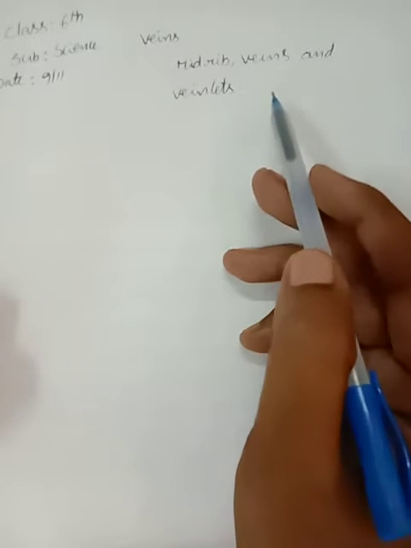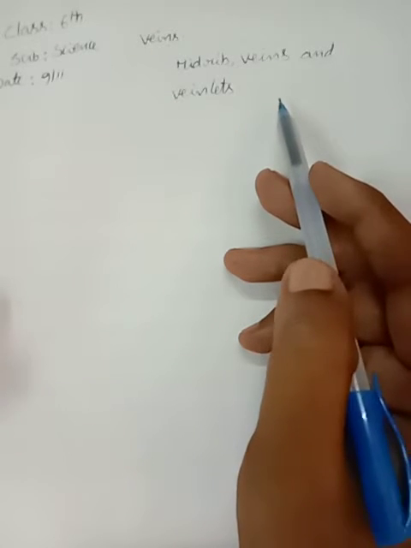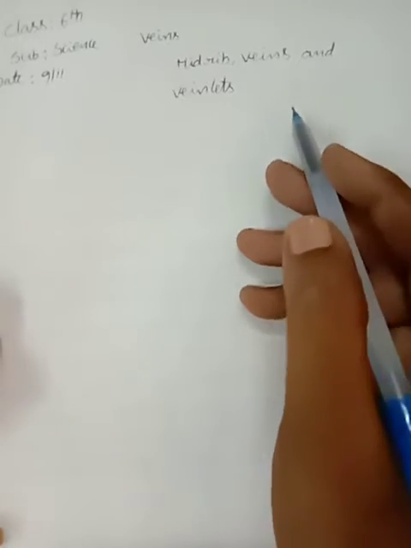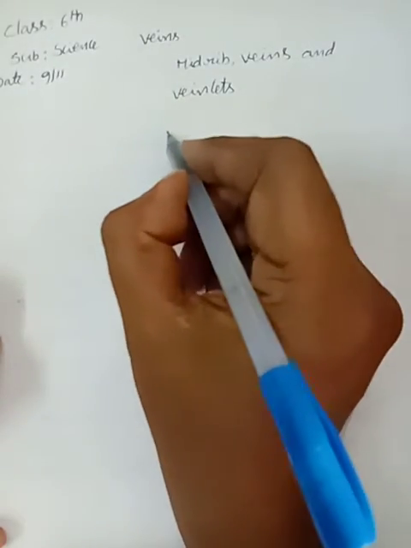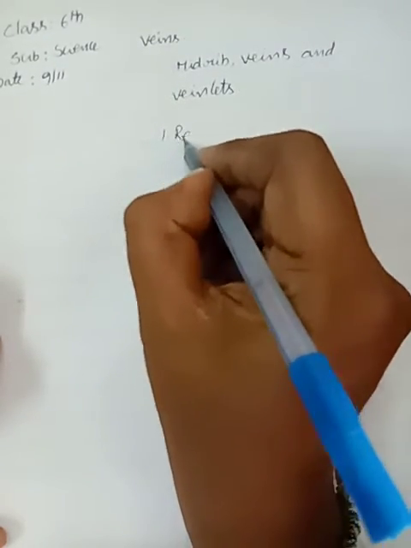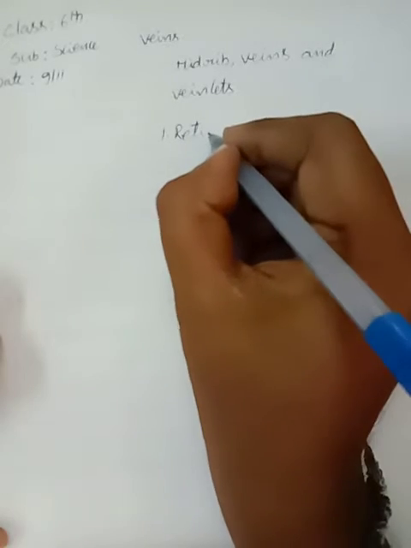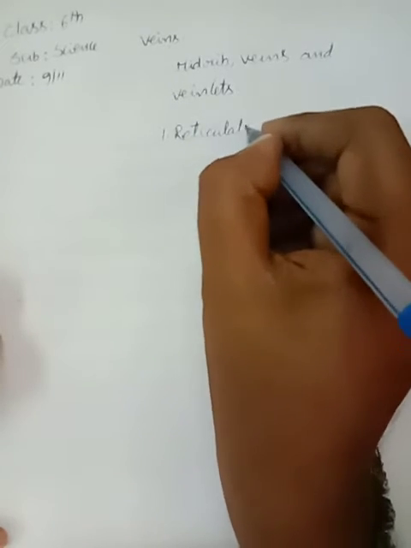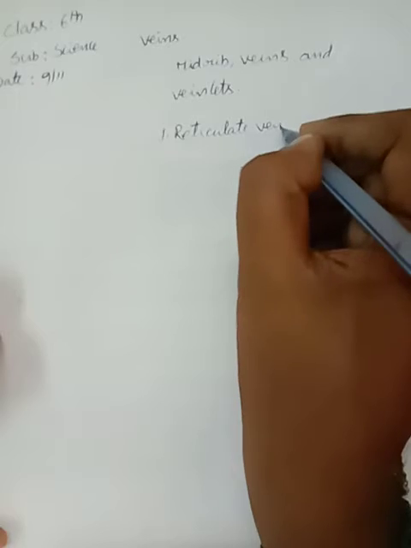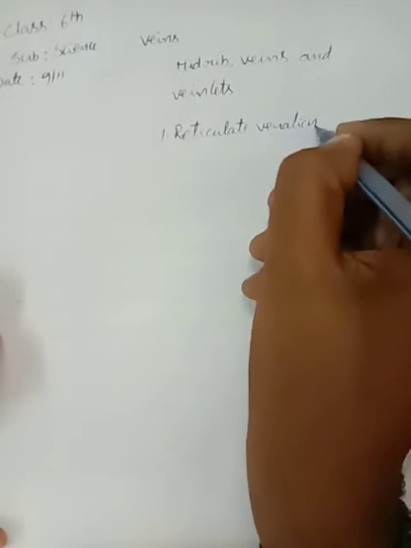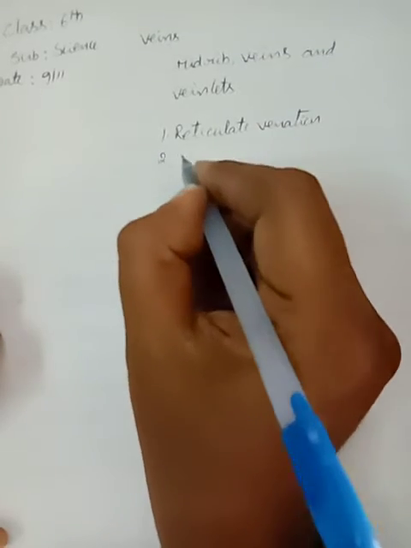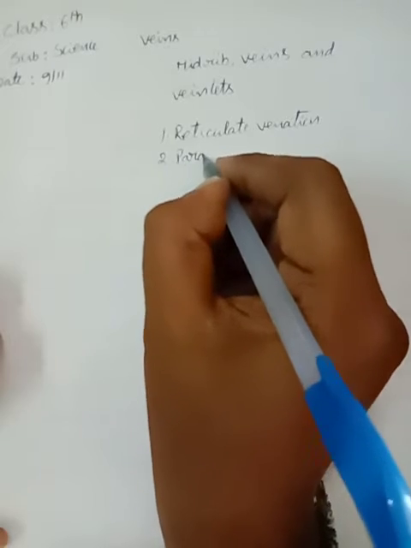Okay, children? In plants, mainly two types of venations are present. First one is reticulate venation, and second one is parallel venation.